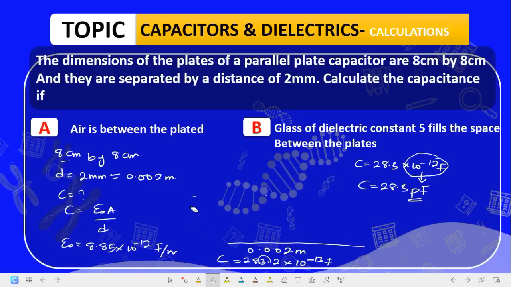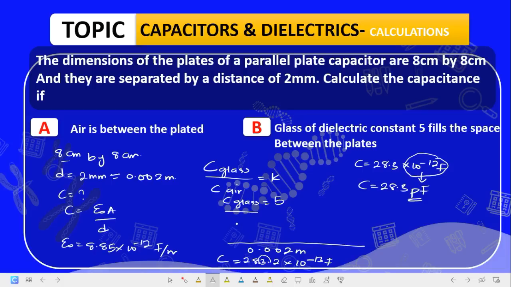I told you the relationship between the capacitance of a dielectric and the capacitance in air. It is the capacitance of the dielectric, in this case glass, over the capacitance in air, equals the constant K. K is 5. That is the dielectric constant. C of the glass is unknown.